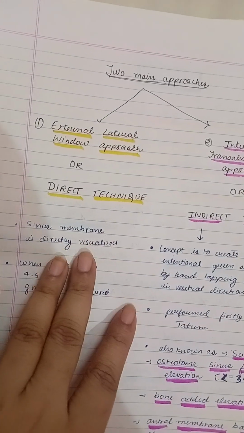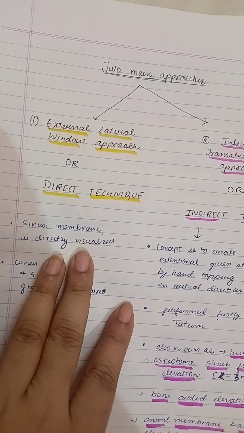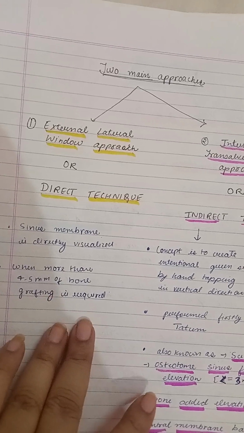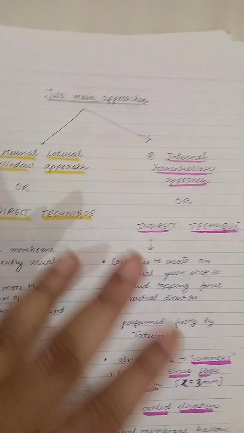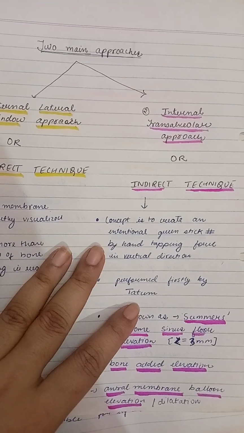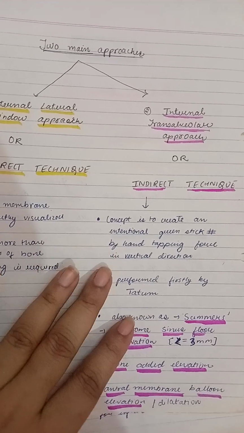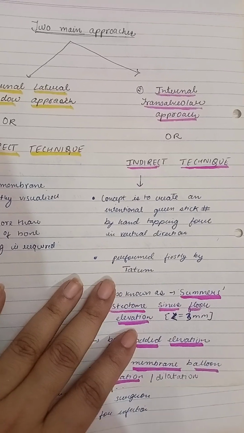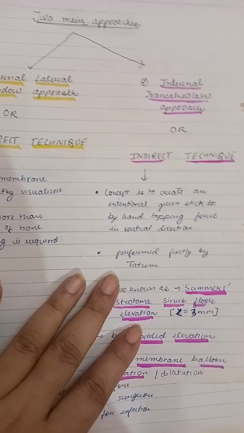In the direct technique, the sinus membrane is directly visualized, and it is used when more than 4 to 5 mm of bone grafting is required. Now, the indirect technique. The concept is to create an intentional greenstick fracture by hand tapping force in a vertical direction. It was first performed by Tatum.